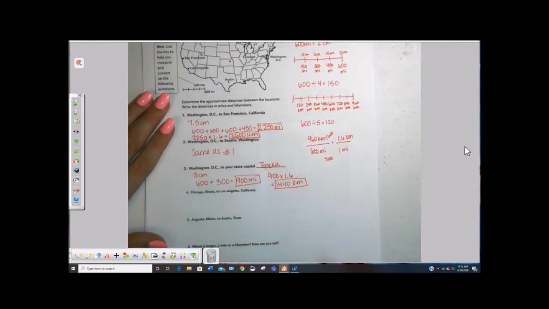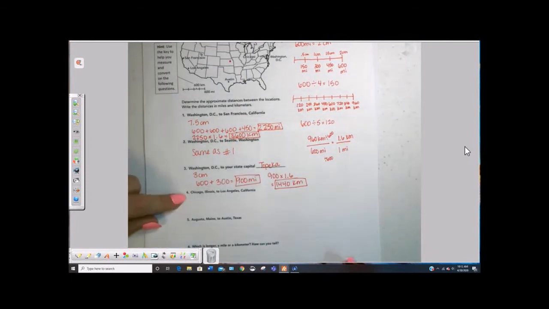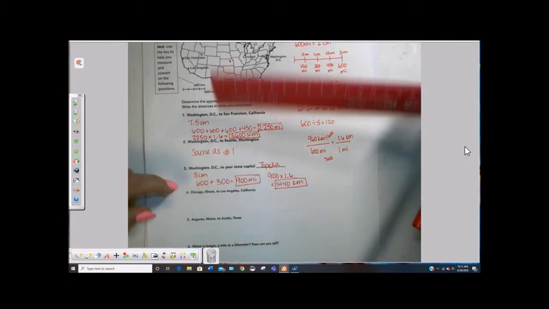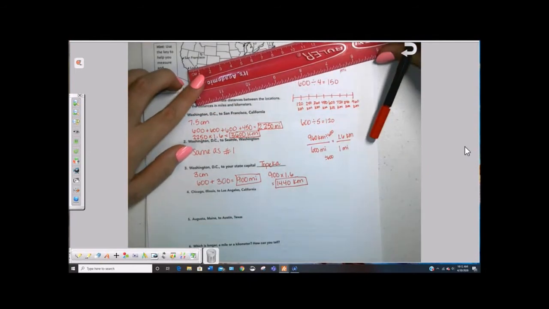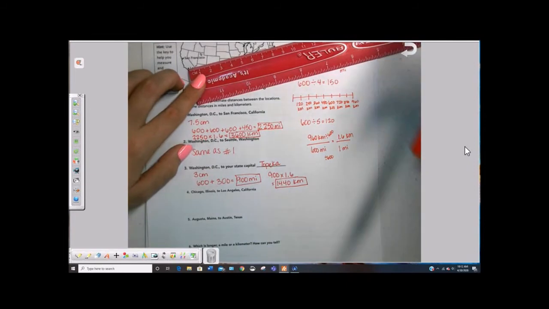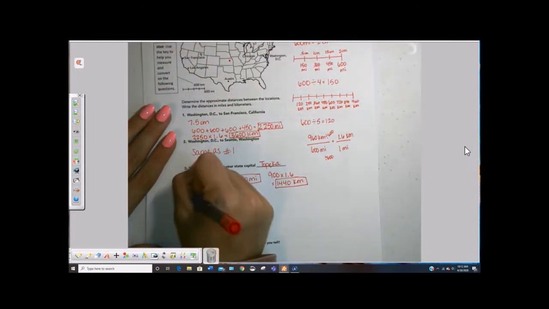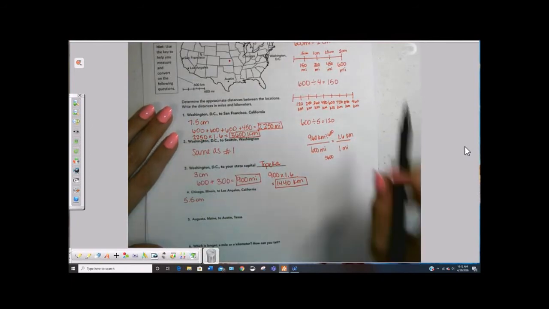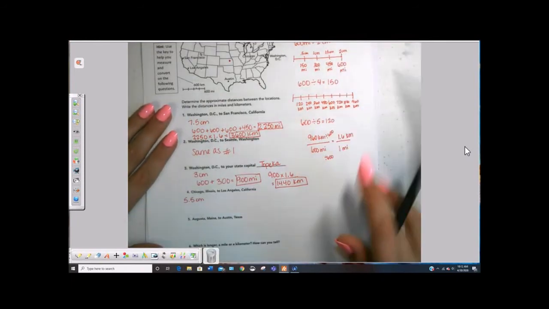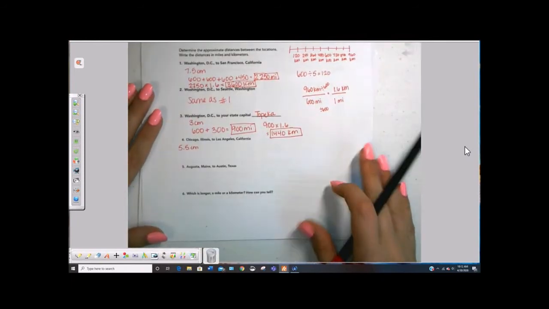Looking at number 4, Chicago, Illinois to Los Angeles, California. When you measure this, you get 5.5 centimeters. We're going by 2s, so 2, 4, so that's 600 plus 600.